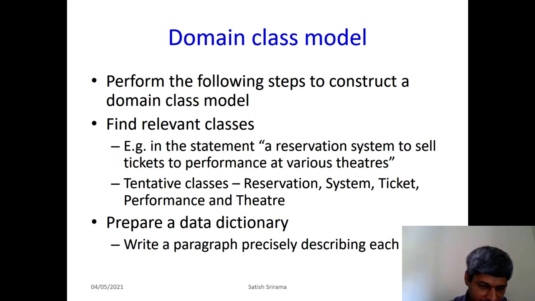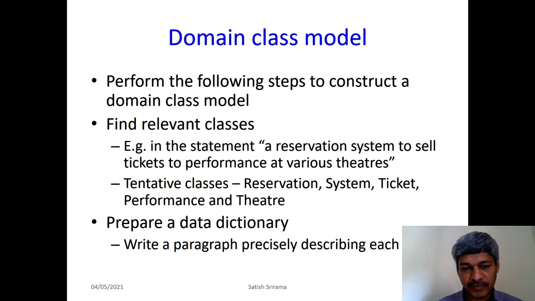Then you have to prepare and maintain a data dictionary. Write a precise paragraph describing each and every class, and maintain it somewhere, so that every time you visit this class model you are able to understand what the classes are, because just from the names, attributes and operations in the diagrams, they may sometimes not be obvious. You have to think in terms of object oriented software development for the complete stages.